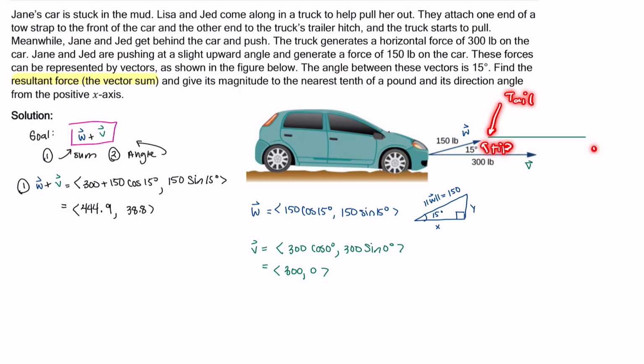So remember, this is V, and this is W. Oh, I am missing the arrow there. So let's go ahead and connect these. And when we connect them, there we are. That's good enough. So this here is W plus V. And when we say we want the angle, we want this angle from the horizontal. I'm going to mark this as theta.